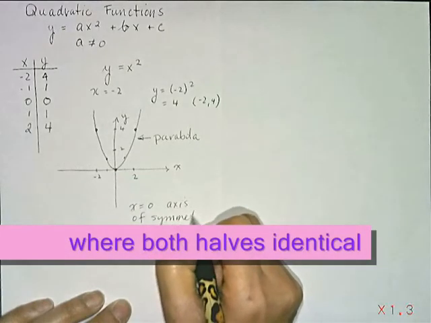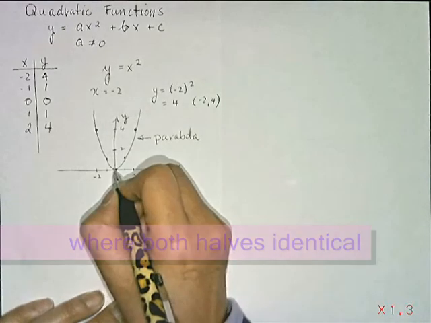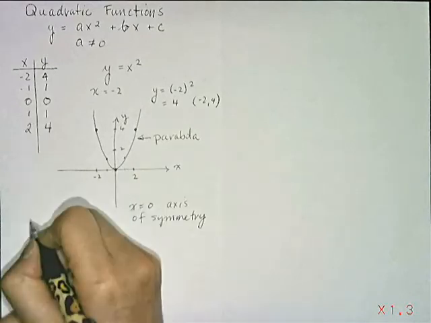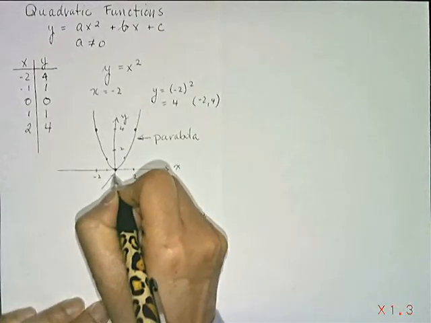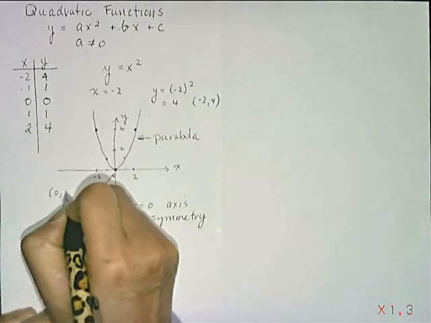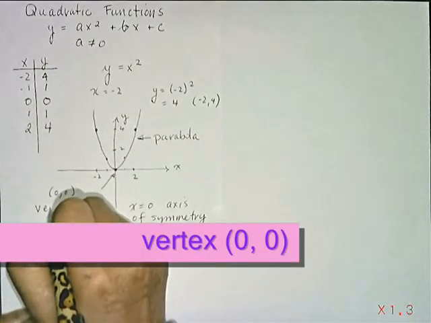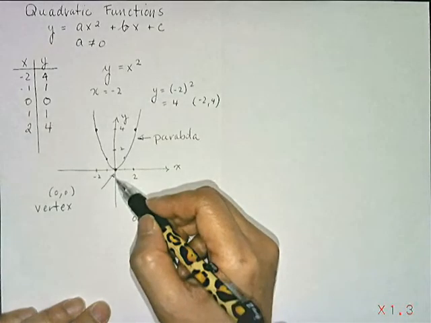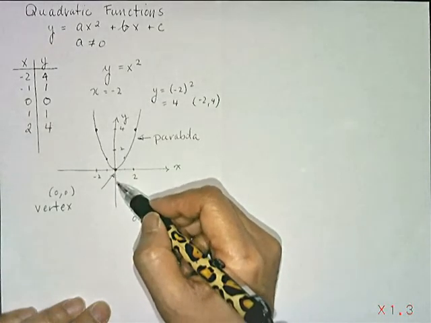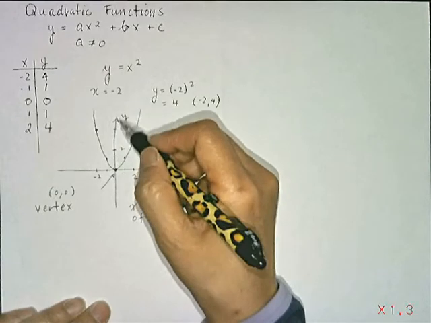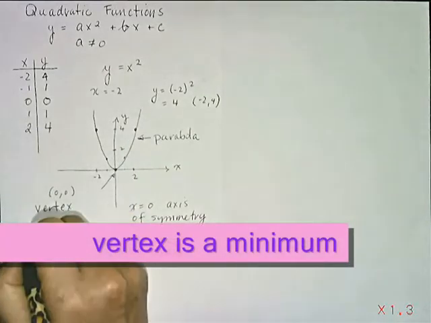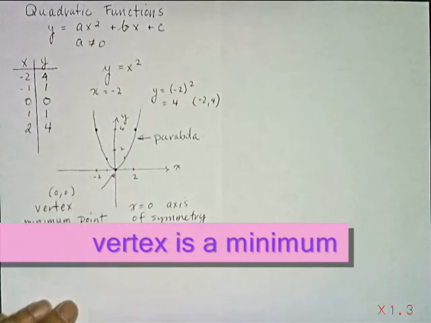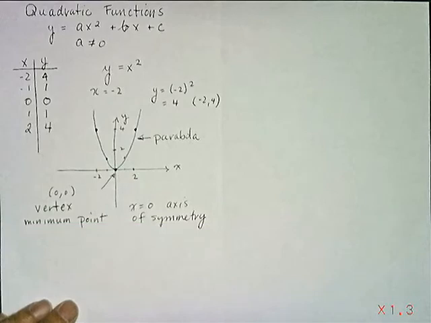It's the fold line. 0, 0 here is the bottom of the curve. It's called the vertex. So our parabola never, in this case, never dips below 0, y greater than or equal to 0. So we see that the vertex is a minimum point. So there you go. That is the quadratic function.